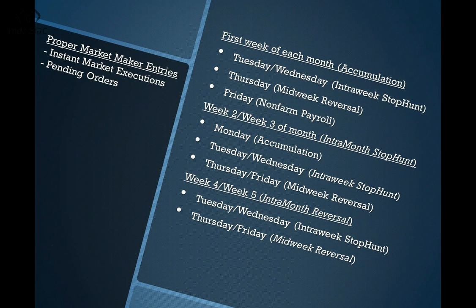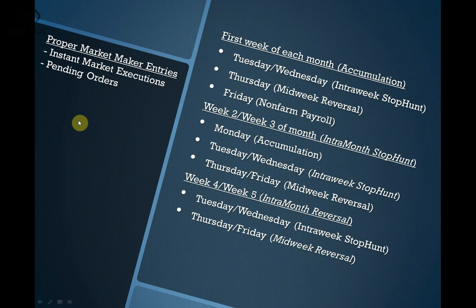You understand? So looking at an intra-week cycle, we definitely want to make our first entries between Tuesday and Wednesday, because we anticipate stop hunts between Tuesday and Wednesday of any week, in any month. So between Tuesday, Wednesday, first week, we anticipate stop hunts.